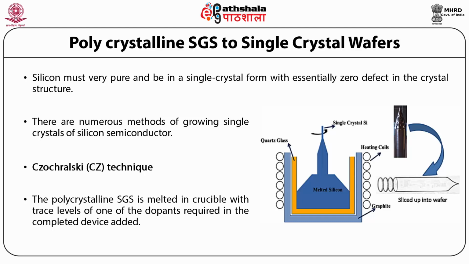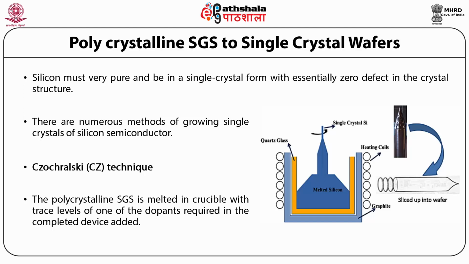In this method, a small amount of polycrystalline SGS is placed in a quartz crucible, which is kept into a vacuum furnace to melt the polycrystalline silicon at a very high temperature. Now, the traces of dopants are added to use it in the device fabrication.